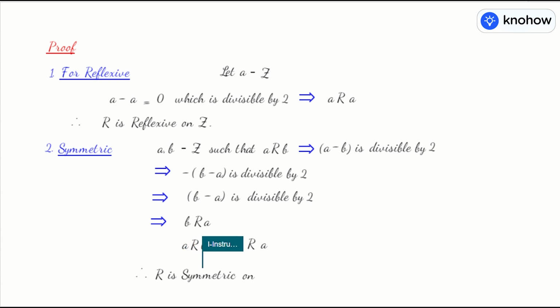Now third, transitive. Let a, b, c be any three integers such that a is related to b and b is related to c.